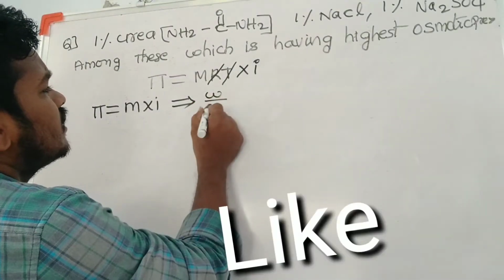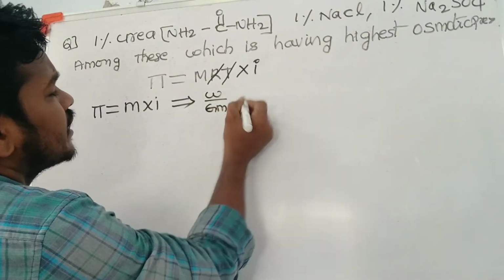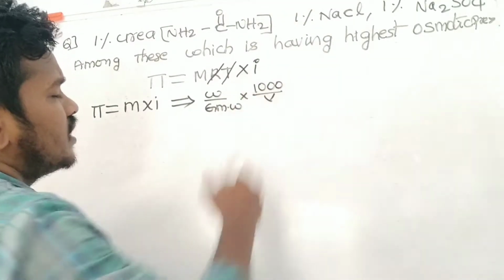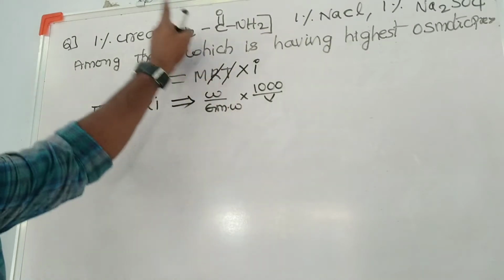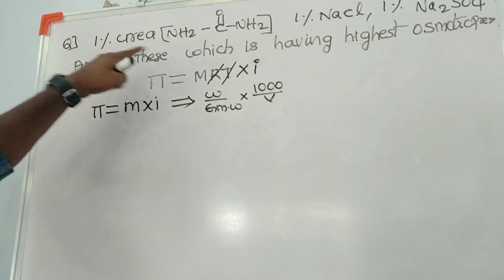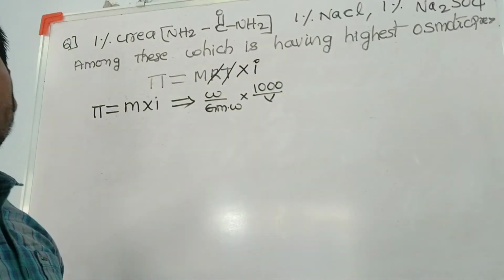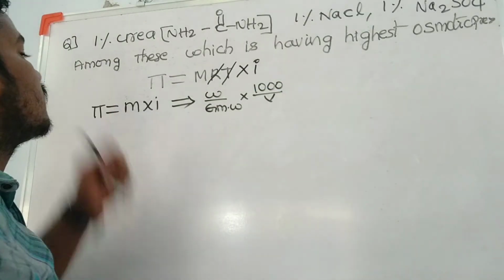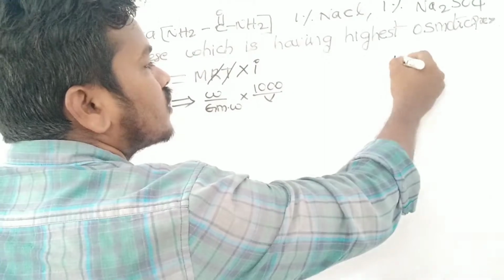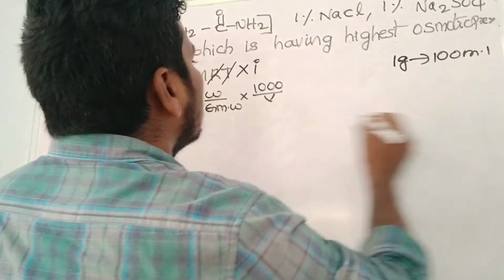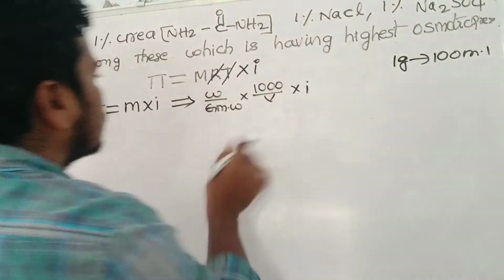Weight divided by gram molecular weight, into 1000 by V, the volume in liters. If it is given in milliliters, we have to convert it into liters. 1% means 1 gram present in 100 ml. Then multiply by the i factor and substitute.